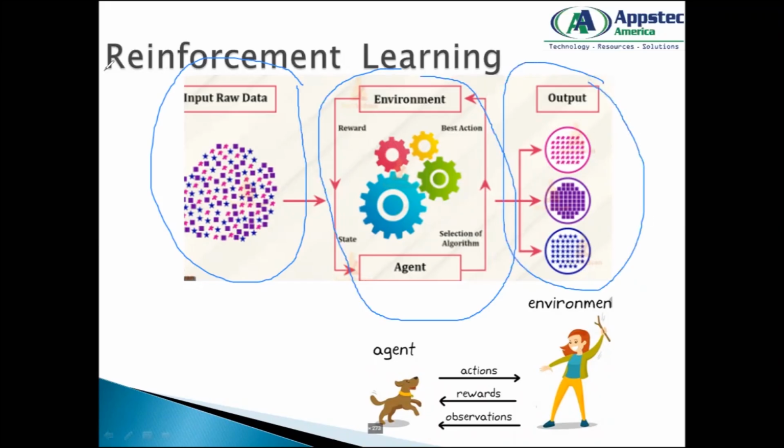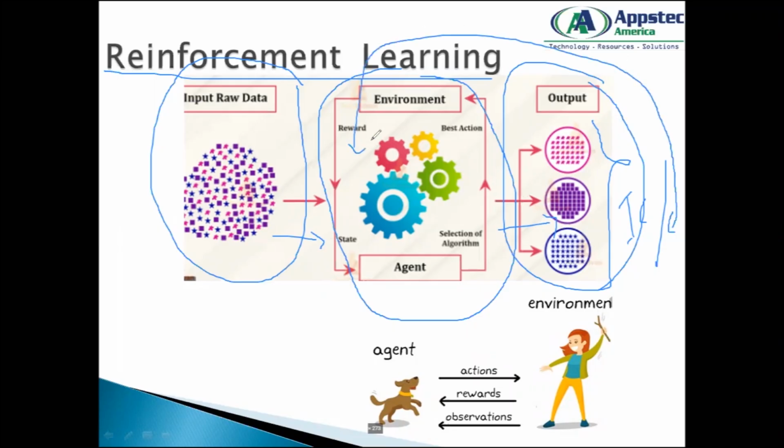What happens in reinforcement is, whenever I give an input to a model and get an output, I try to see whether this output is correct or incorrect based on certain parameters. When my output is correct, that means my model performed well. I take feedback from this output and give it back to the model as a reward. That means you did a good job. And these are done programmatically. I'm just explaining the concept.